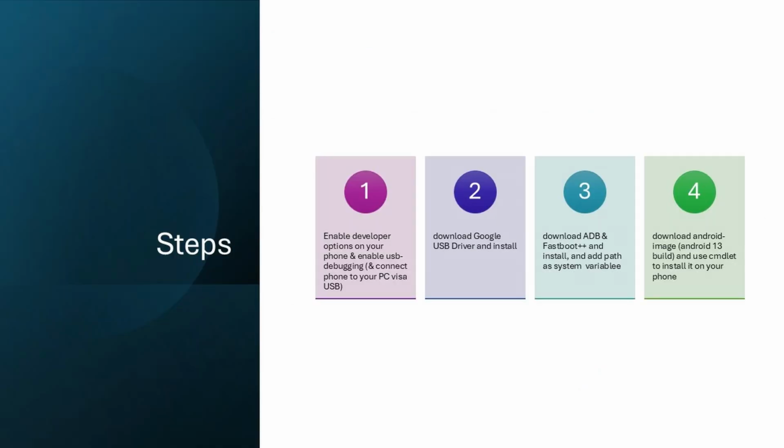Those 4 steps include: first, you enable your developer options on your phone, and then afterwards you download 3 things and install them. First, the Google USB driver, which makes a connection between your phone and your laptop, because you have to connect your phone to the laptop to get the Android version from the laptop downloaded onto your phone.